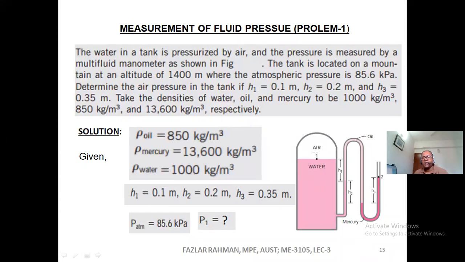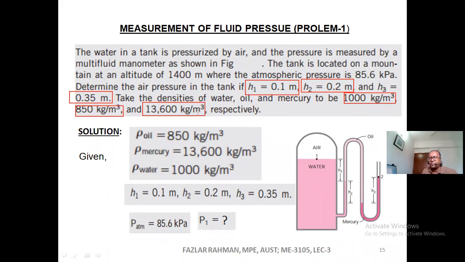And all the heights are given. H1 is given 0.1 meter, H2 0.2 meter, also H3 0.35. And density of water, you already know, 1000 kg per meter cube. Density of the oil is given 850 kg per meter cube. And mercury density is given. Mercury is the heaviest liquid.